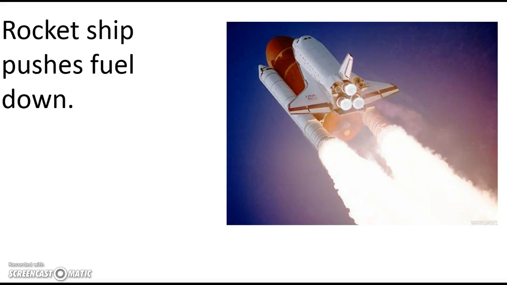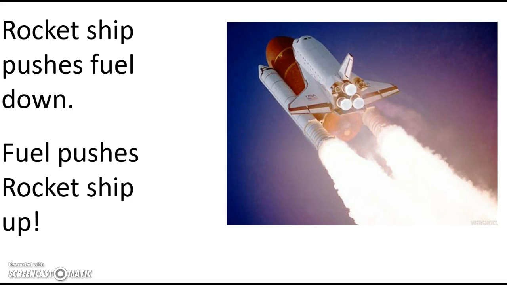If the rocket ship is pushing down on the fuel, that must mean that the fuel pushes the rocket ship up. That's how we get into outer space. That's how we end up moving around even when we don't have something to push against. We push against part of ourself, but then we're only worried about the rocket ship.